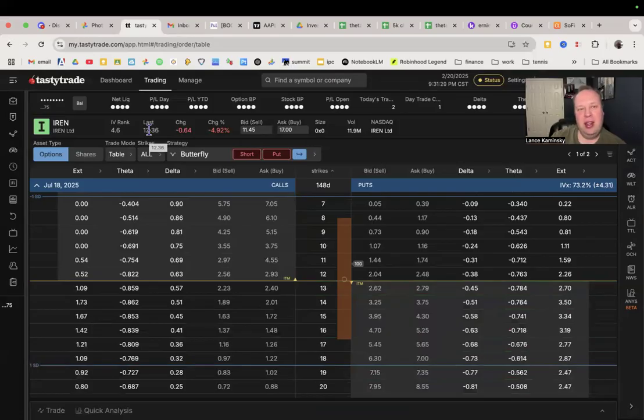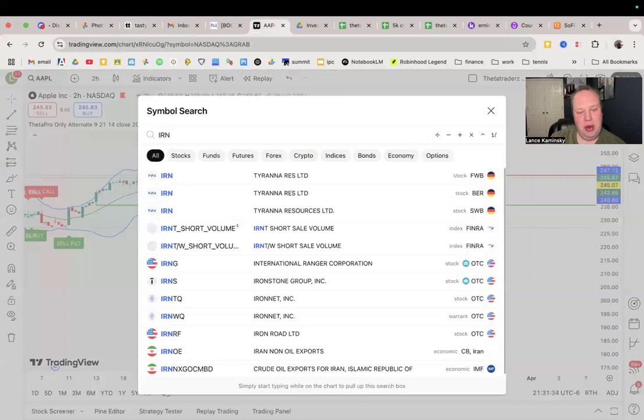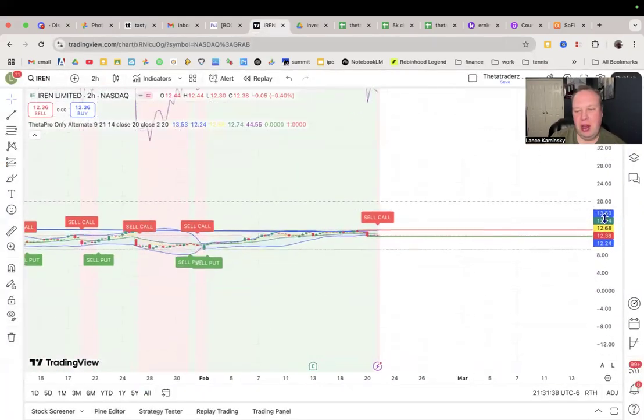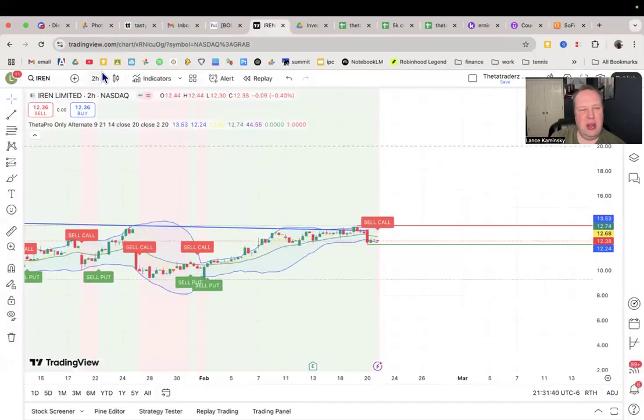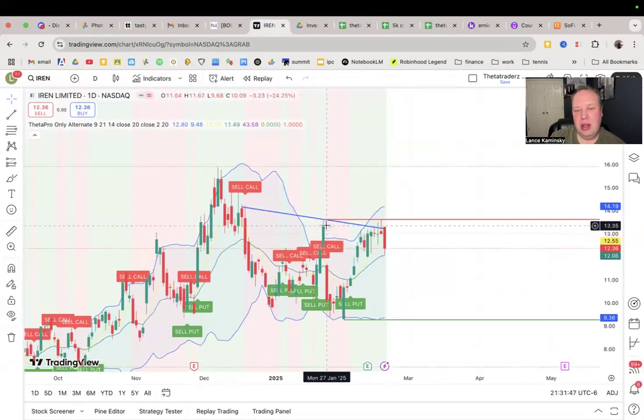12.36 is the stock. It dropped quite a bit in the last few days, but it did have a good run up before it. I'll go to the daily chart just because I'm trying to sell around 30 days out. It hit near 13.